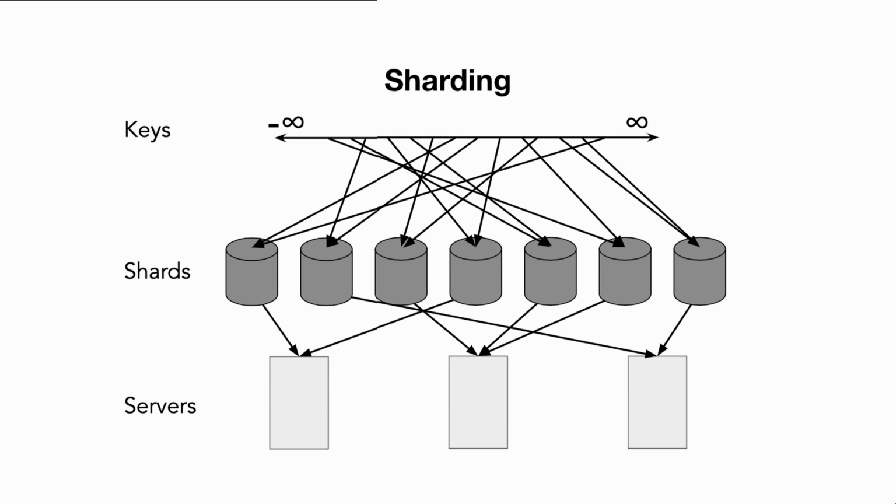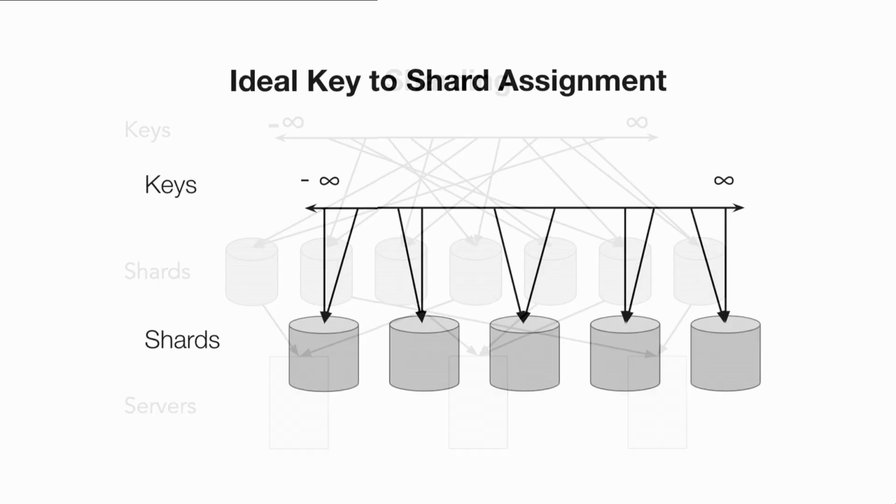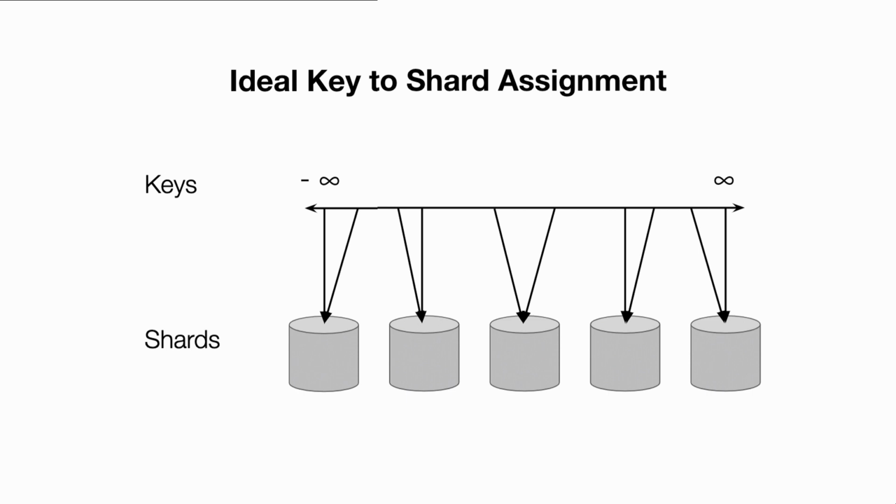So the nice parts about sharding is that it has this independent assignment that you can handle separately, but also it gives you the concept of key locality, which basically means that if I have keys that are stored together in the same shard that are close in my key range, my batch writes and range queries will be more efficient because they have to go fewer places to find that data. So in an ideal key to shard assignment, we want our keys to be evenly distributed among shards, and we also want to get some key locality for keys close together in the key range.